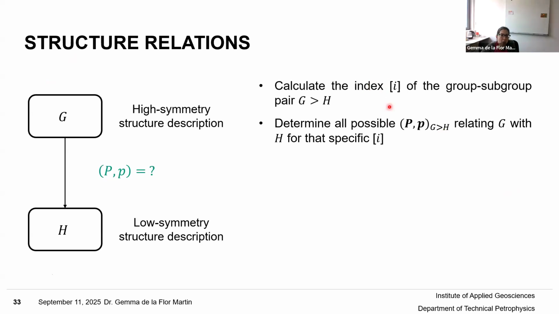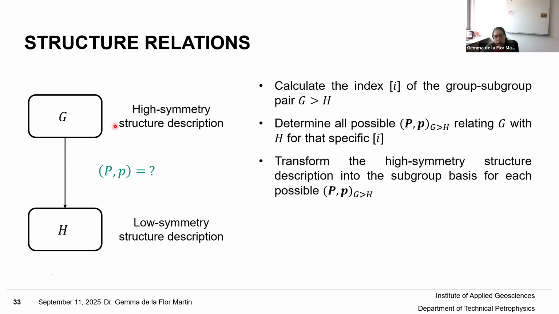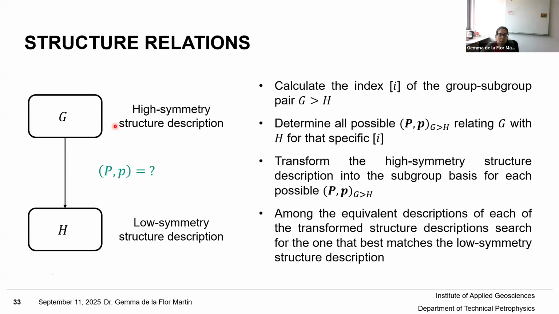Once these possible transformation matrices are obtained, the high symmetry structure description is transformed into the subgroup basis for each of them. And finally, among the equivalent descriptions of each transformed structure, the program searches for the one that best matches the low symmetry structure description.